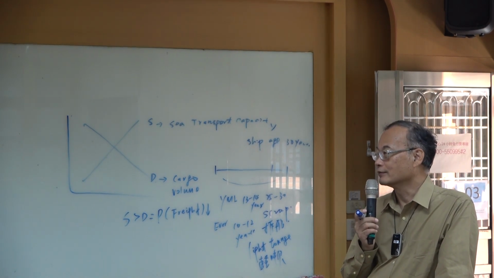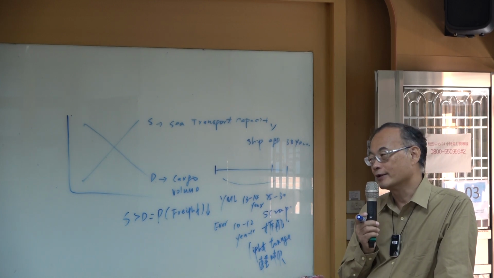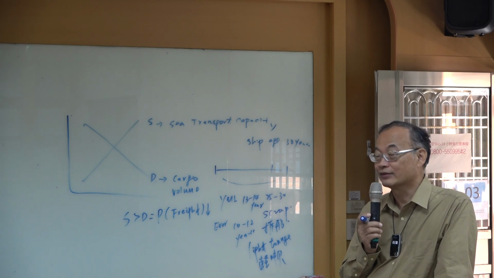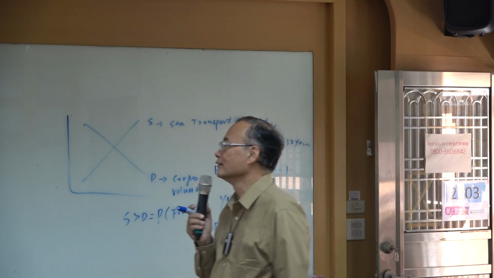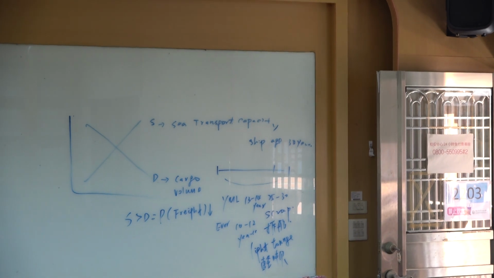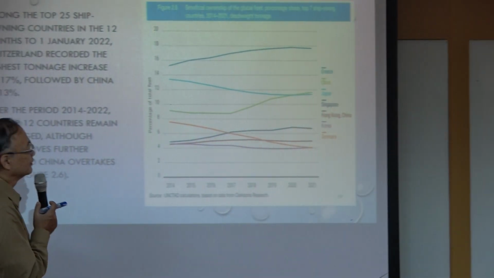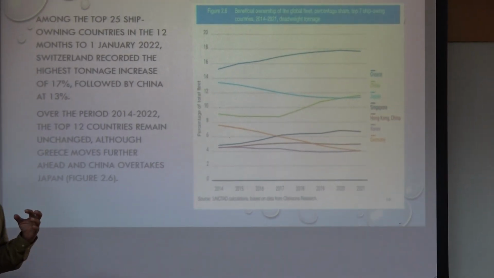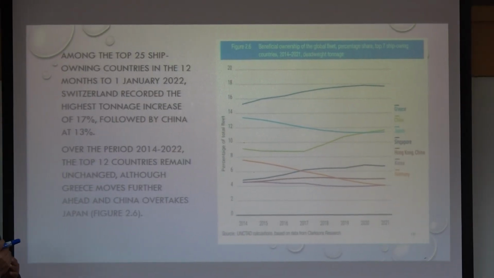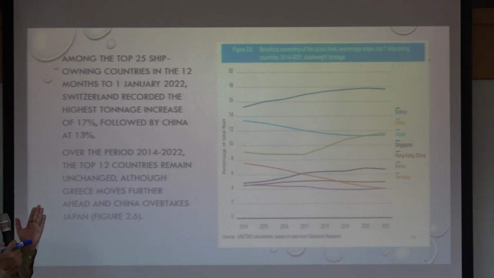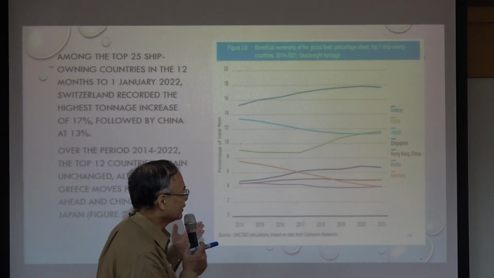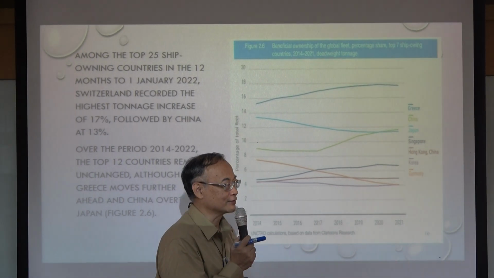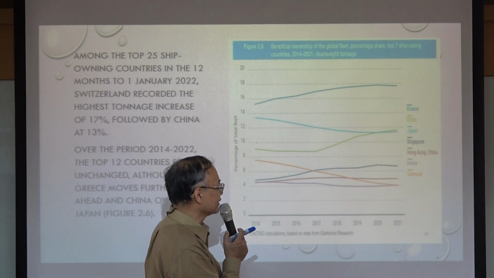So we can see from this year the sea freight price is going to decrease year by year. That's why different countries focus on different markets. Some countries' ships are very old, and some countries' average ship age is very young.